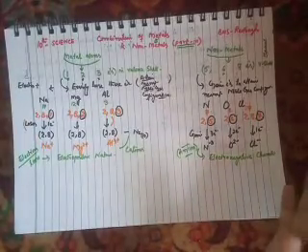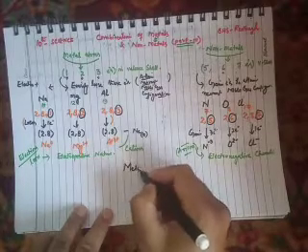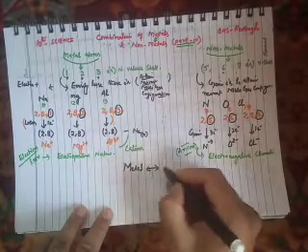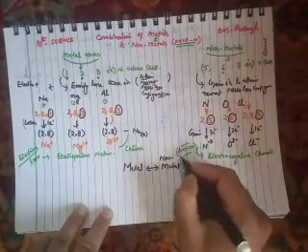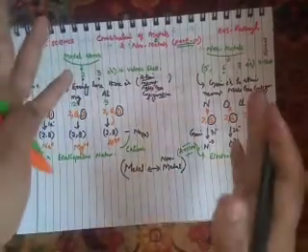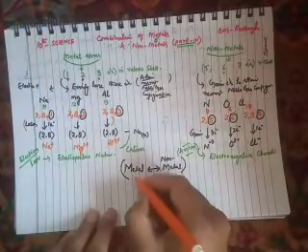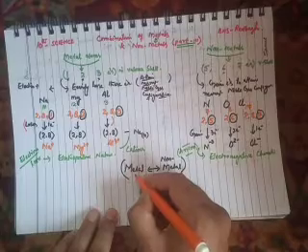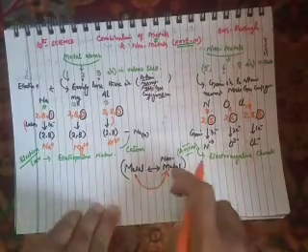So now we have the concept: if a metal combines with a non-metal. Dear students, if a metal is going to combine with a non-metal, the metal loses electrons, and these electrons are being gained by the non-metal.